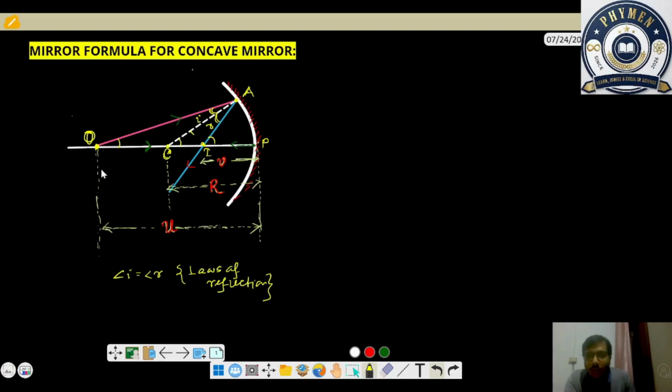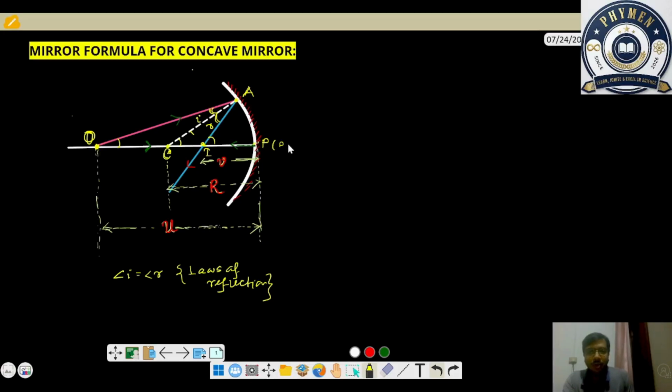Now for the image generation we need minimum two reflected rays. One ray is this one, OA, and after reflection it passes through the point I, that is AI. Now another ray, let me take it as incident from the object normally at point P, that is the pole of the mirror.